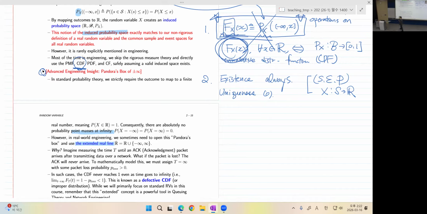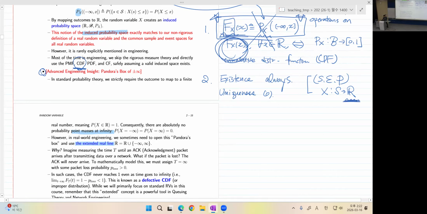The problem with my definition and most of the undergraduate level random variables is that, as you see, can you assign plus infinity here? No, because the set R contains all finite real numbers, which excludes, of course, plus minus infinity.